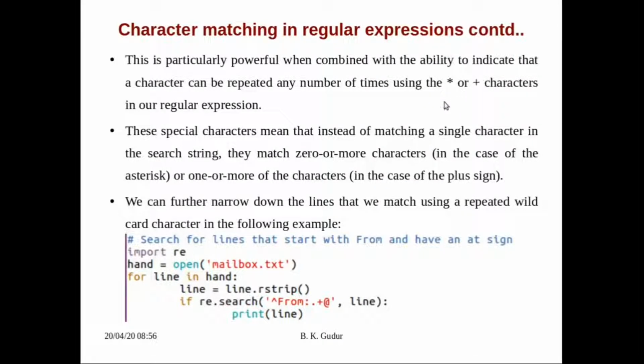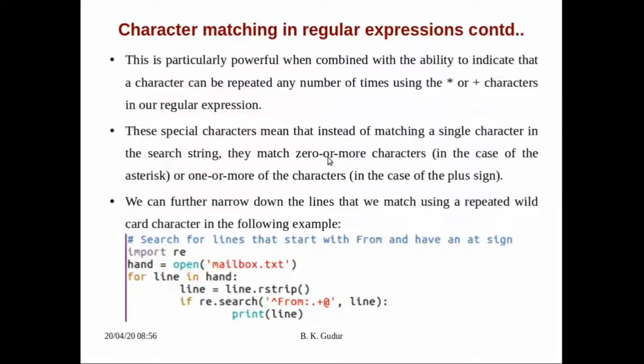Remember, asterisk means 0 or more, plus means 1 or more. If I add a dot and asterisk, it will match 0 or more characters. Means there can be no characters or any number of characters. Or if it is plus, there has to be a minimum of 1 character, otherwise there can be any number. Plus means minimum 1 has to be there. If it is star, even there may not be any characters.